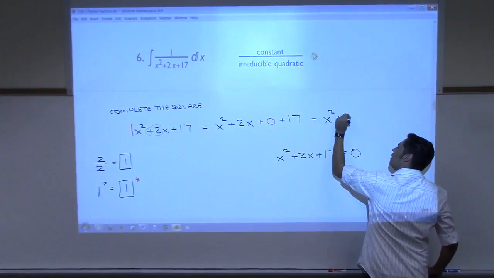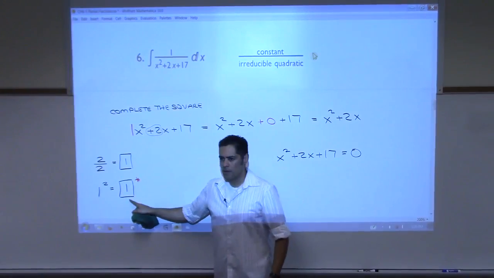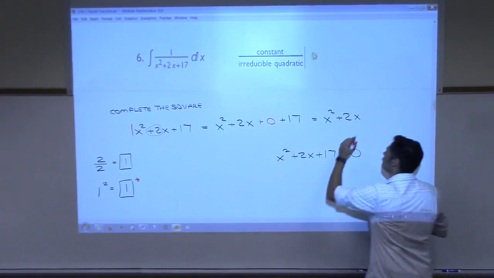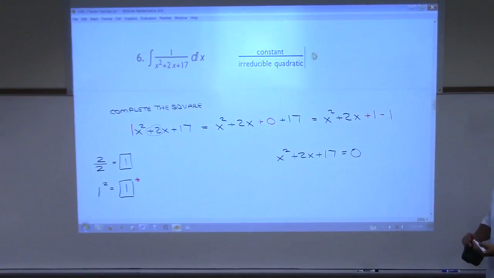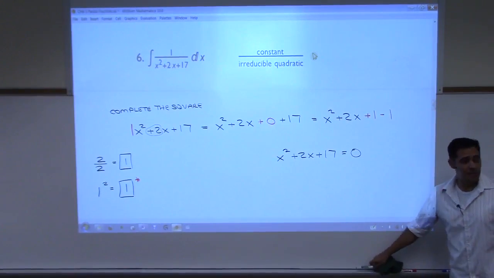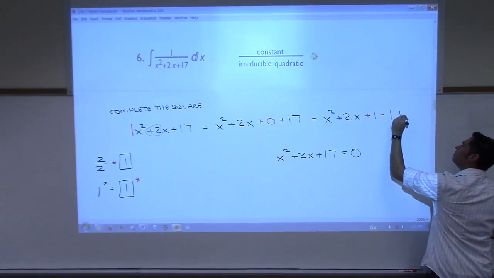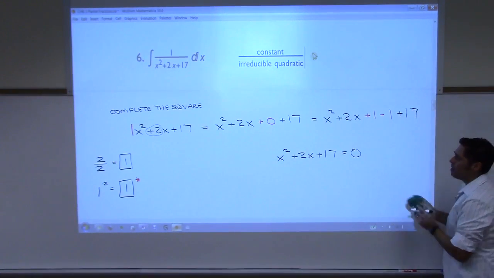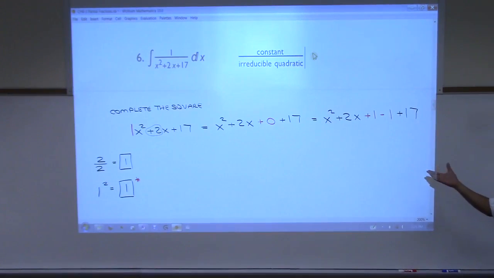Instead of writing 0, I'm going to use this number, and I'm going to add it and subtract it at the same time. When I add and subtract it, that's still a 0, and then I still have the plus 17 here. So everyone agrees that I have not changed the problem, I just changed the way it looks.